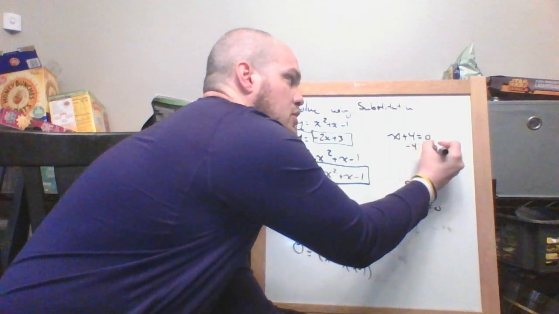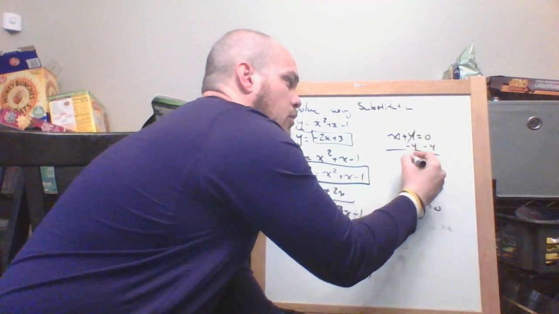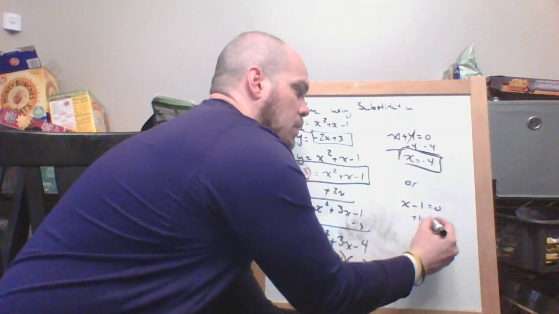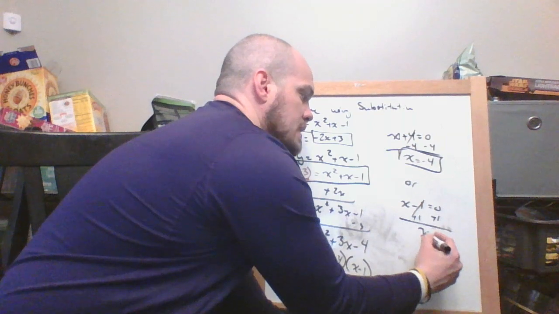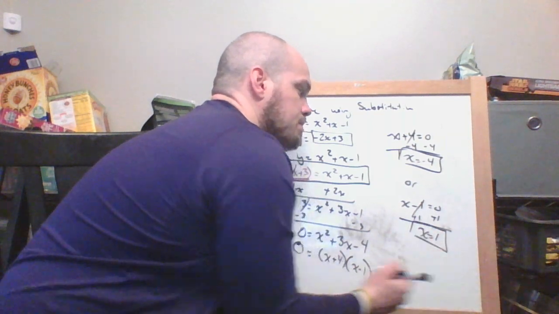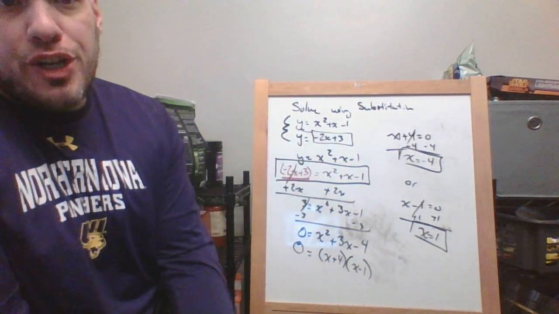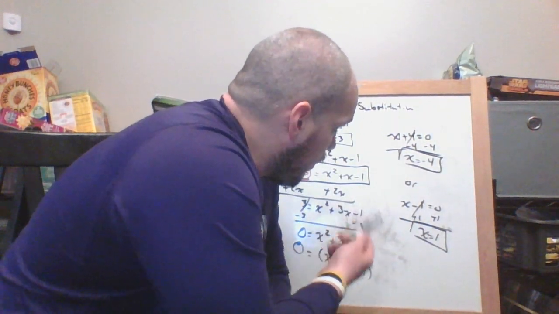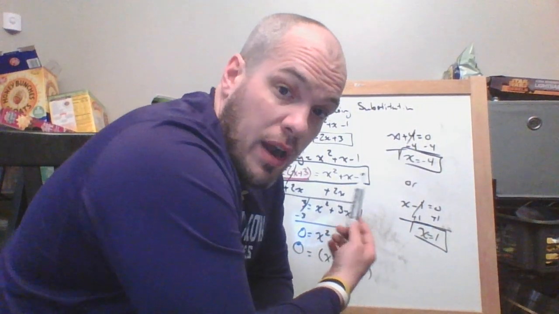I solve these individually. Subtract 4 on the first one, I get x is equal to -4, or add 1 on both sides, and we get x is equal to +1.